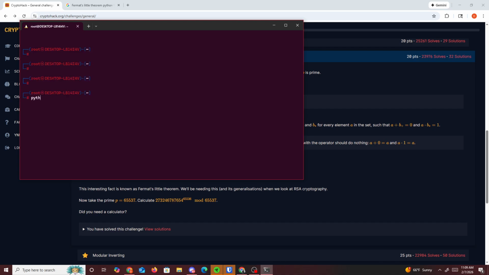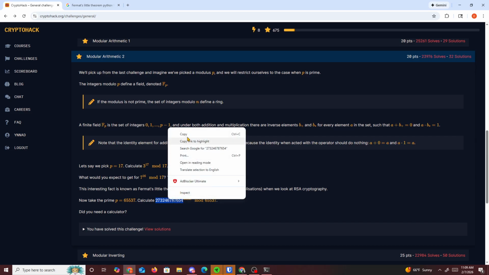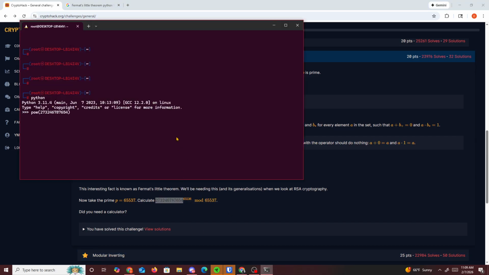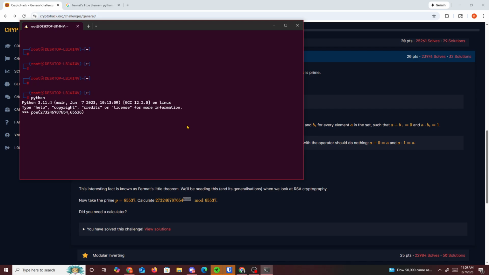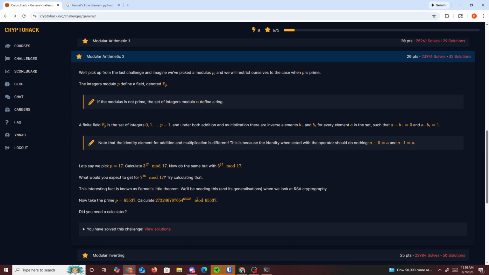Okay. Python. So we could use the built-in pow function and insert the values that we need. In this case, we'll use this first value, and then the second value will be 65536, and then the next one will be the exact same thing but with a 7. If we enter it, we get 1 as the final answer.